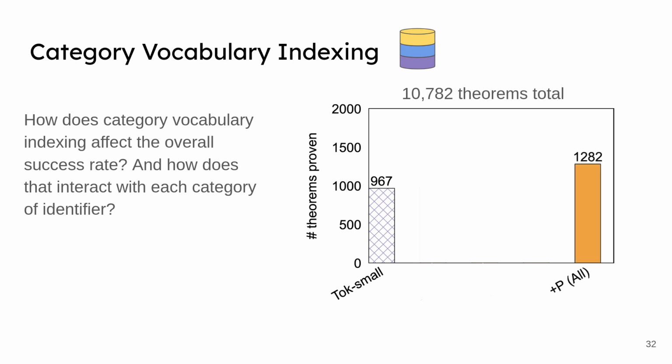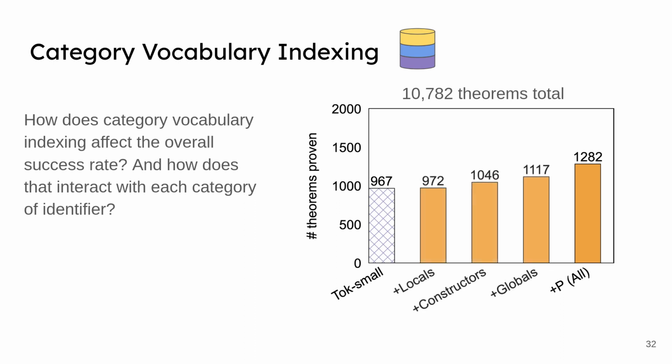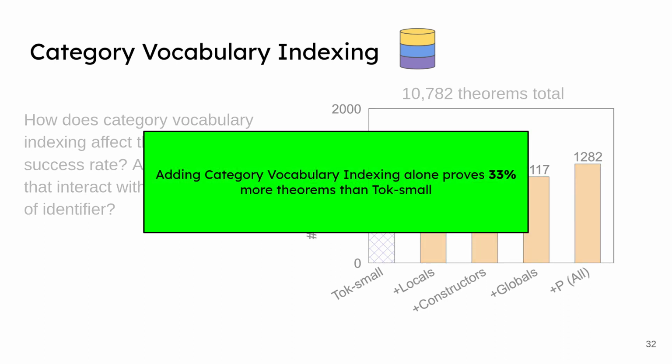And we find that by adding category vocabulary indexing, we can prove more than 300 more proofs. And these proofs are distributed across adding them to locals, constructors, and globals. You can see that for locals, the improvement is modest, but still there. So overall, adding category vocabulary indexing proves 33% more theorems than Tok small.